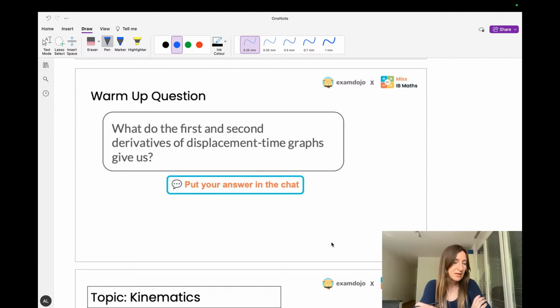Any ideas? The first and second derivatives, what do they give us of displacement time graphs? Anyone know?